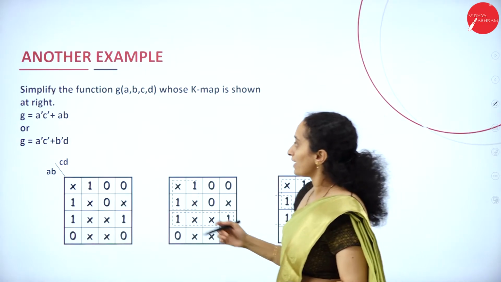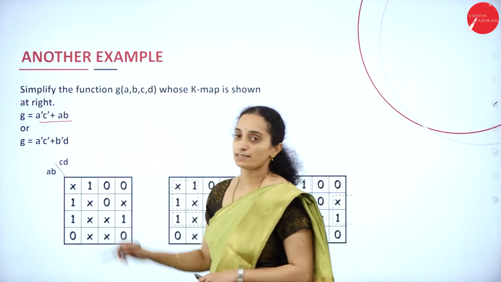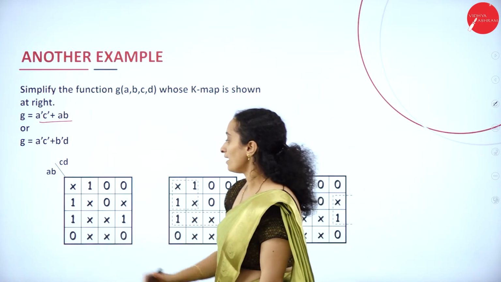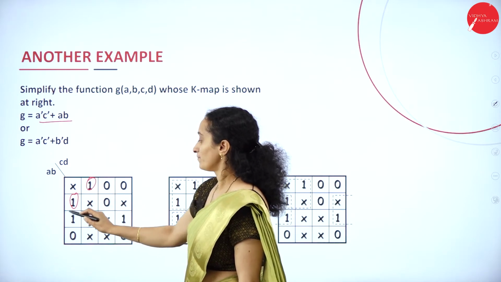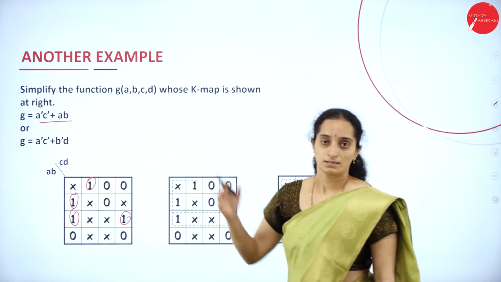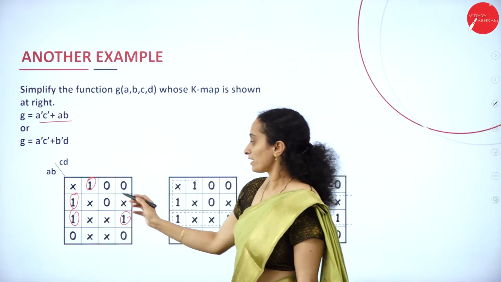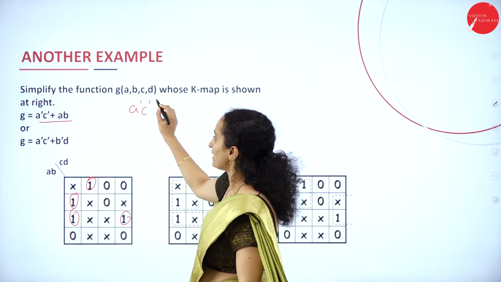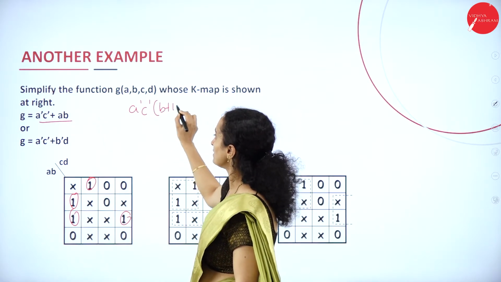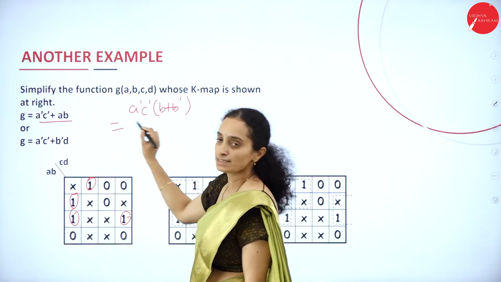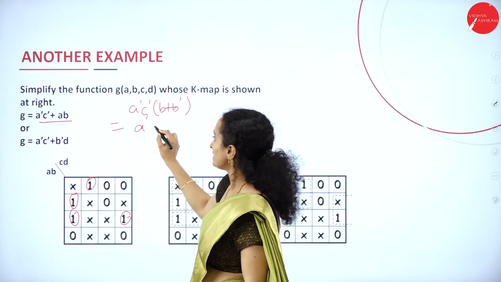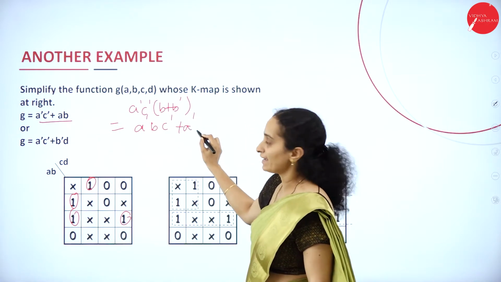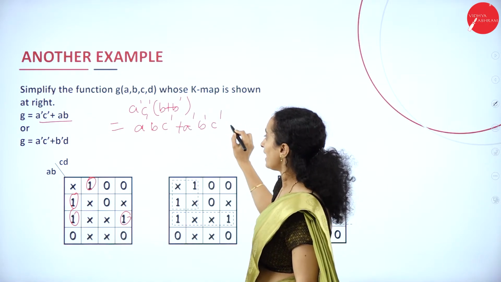Another example you can take is ABCD with the expression A dash, C dash plus AB. You can take the values here by expanding these expressions. You can expand these values like A dash, C dash, B is missing, that is B plus B dash, gives you A dash, B, C dash plus A dash, B dash, C dash.